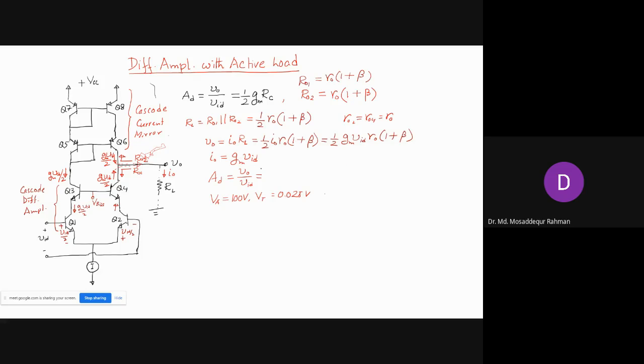That will be half gm R0 times 1 plus beta. gm R0 will be VA by VT. So we have VA divided by 2 VT times 1 plus beta.